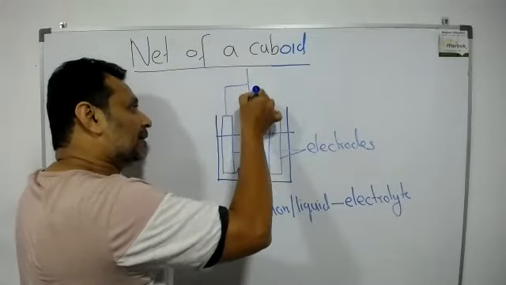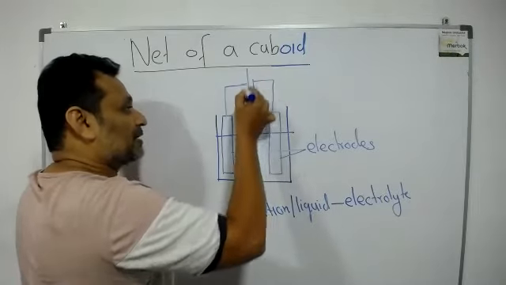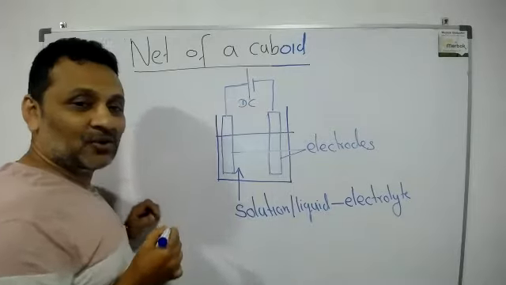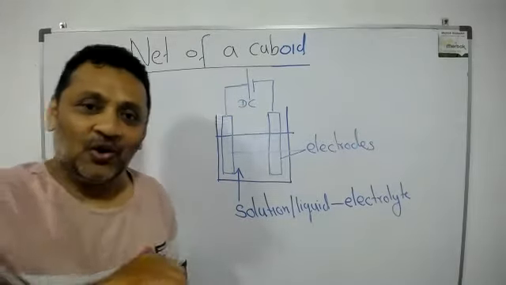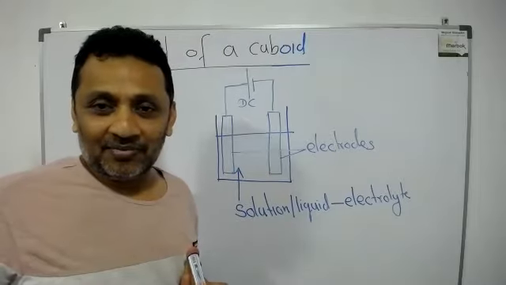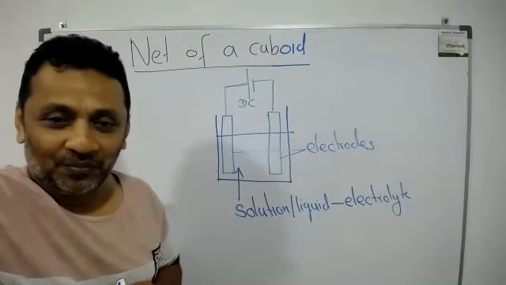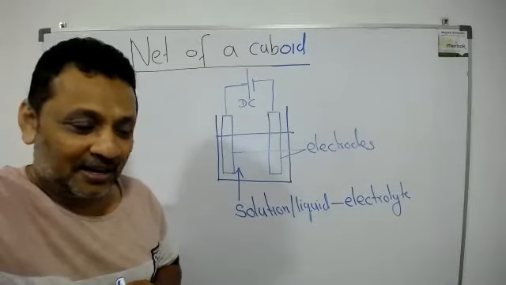Electrodes are connected to the ends of the battery. You have to provide DC current to do electrolysis. Electrolysis will not happen with AC current.